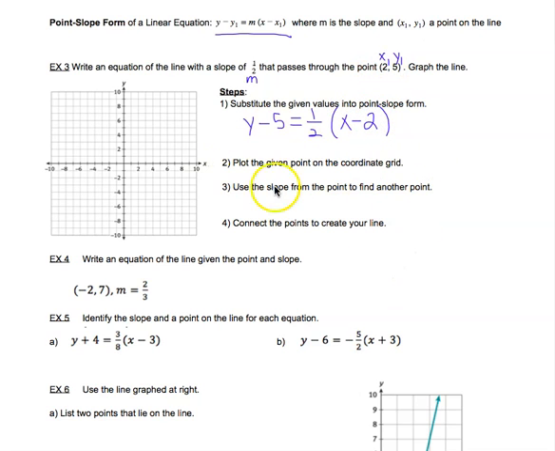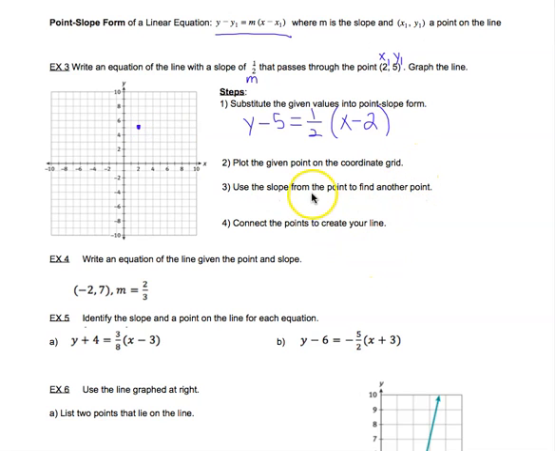So this is the point-slope form. Now, plot the given point on the coordinate grid because I want to graph the line too. So when we're talking about point-slope form, first thing I'm going to do is plot that point. So 2, 5 is right here.